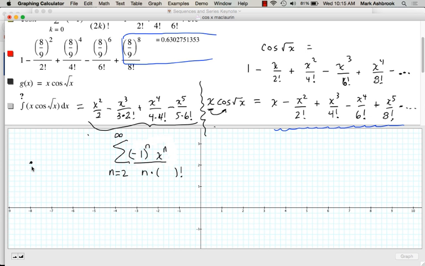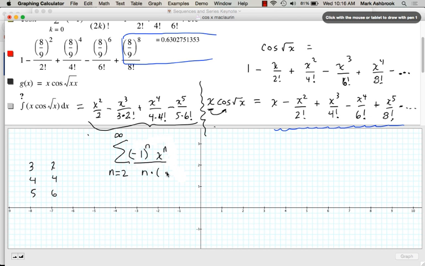So 3 gives us 2. 4 gives us 4. 5 gives us 6. I think it's n minus 2 times 2. You're going to subtract 2 from n and multiply by 2. So subtract 2, get 1 times 2 is 2.